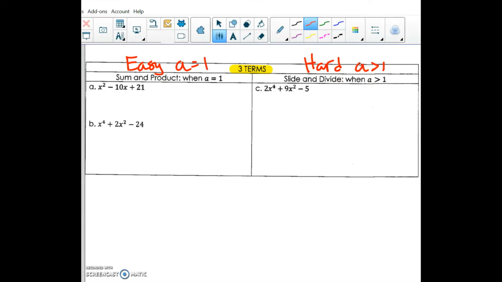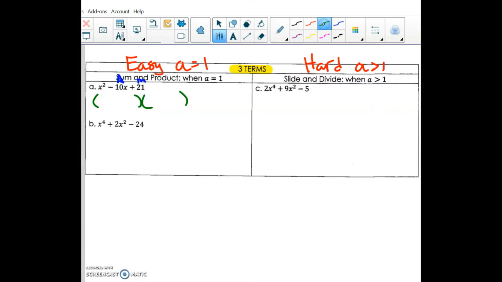So on the left-hand side, we have a 1 that we're very comfortable with. We have a degree of 2, and so we're looking for two parentheses where you are multiplying to get the 21 and adding to get the 10.